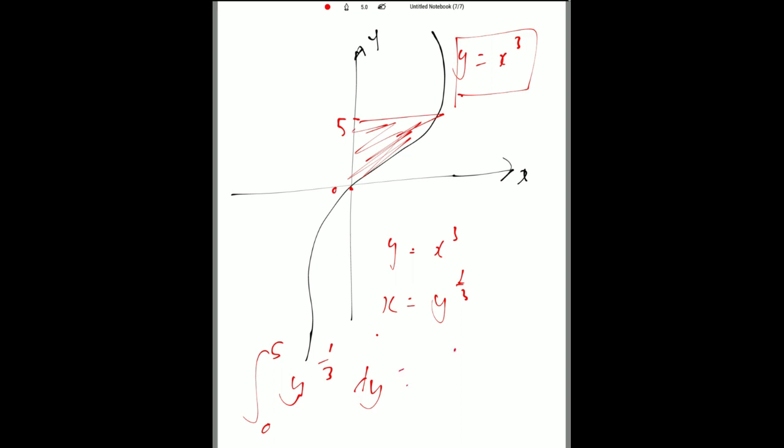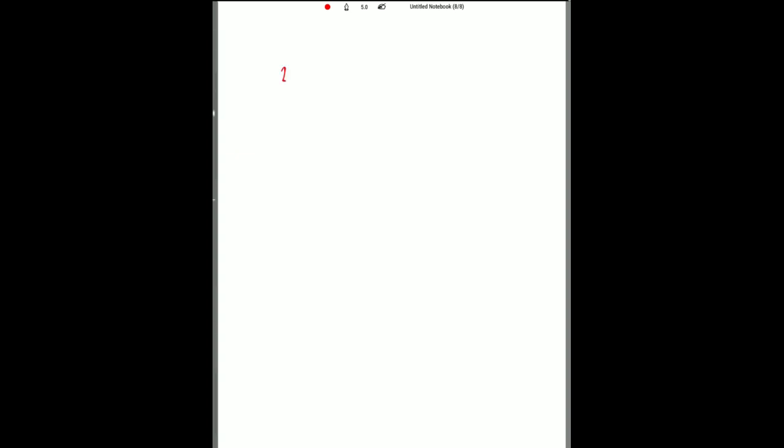We get y to the 4/3 divided by 4/3, which would give us 3/4, and we're doing that from 0 to 5. If we substitute 0 in there, we're going to get 0. So all that would leave us with is substituting 5 in it, giving us 6.4124 units squared. So now we know how to find the area between a curve and the x-axis and between a curve and the y-axis.